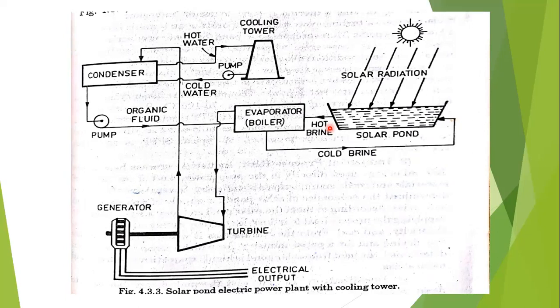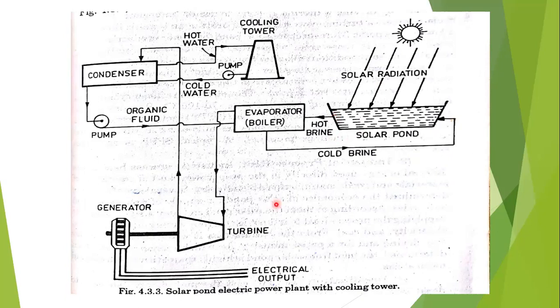Thermal energy from the solar pond is used to drive a Rankine cycle heat engine. This cycle is called the Rankine cycle heat engine. Here, if you see, this is a solar pond. It has solar radiation, and heat is trapped at the bottom, and that trapped heat is extracted through the hot brine.